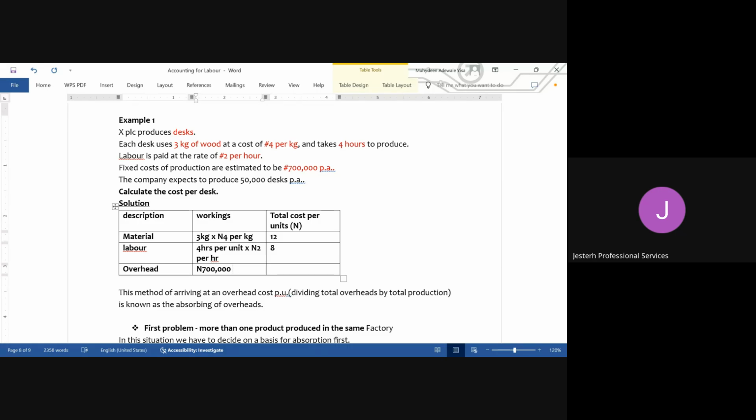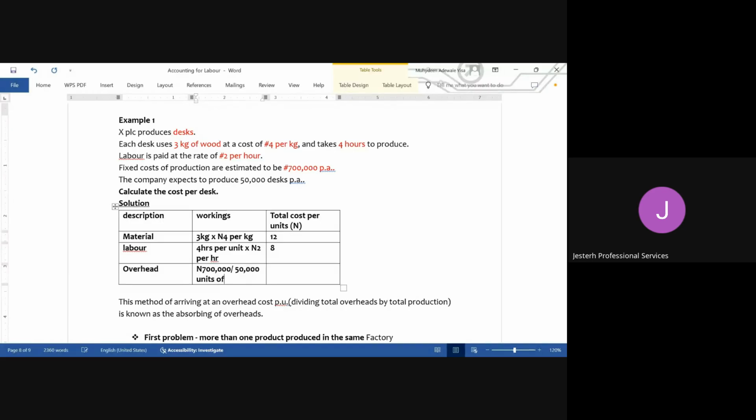And then for the whole year, the company planned to produce 50,000 desks. So for us to get the overhead per unit of these desks, we divide the total overhead budgeted for the production by the total units of production planned by the organization to produce at the end of the year. 700,000 divided by 50,000 units of desk.